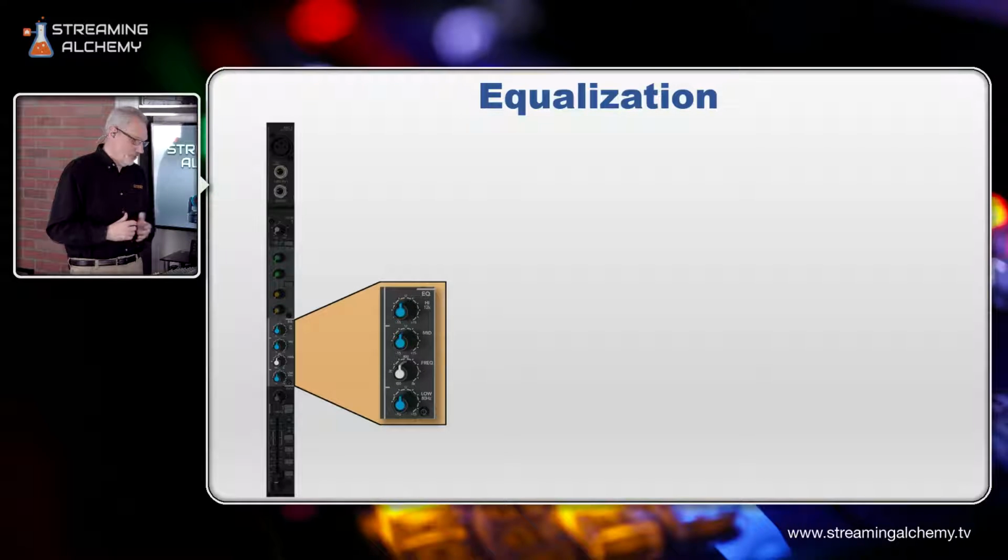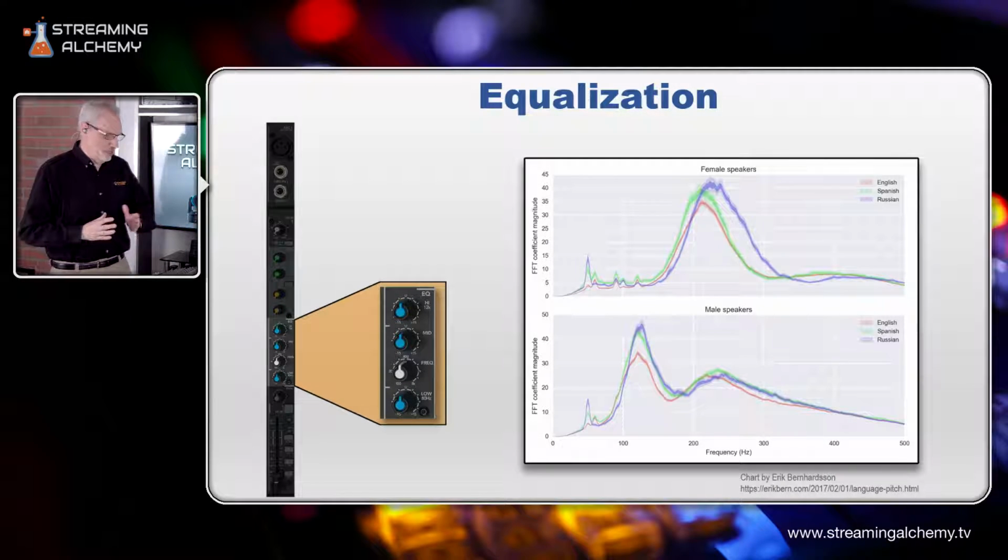So if I were to use this now, I have a lot of tools at my disposal to adjust the sound that's coming out. But keep in mind something. I thought this was a really interesting chart. There are a lot of variables that come into how you would use equalization within a production.